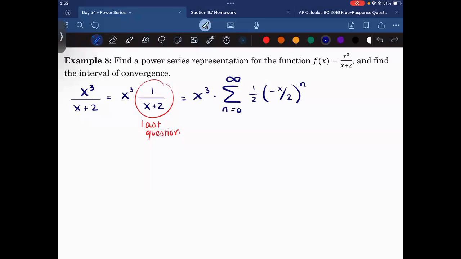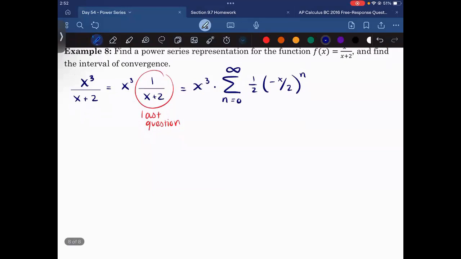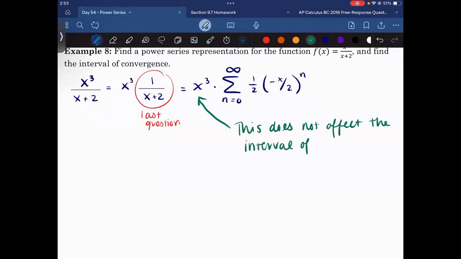And so with this, our x cubed value, this is new. This does not affect the interval of convergence.